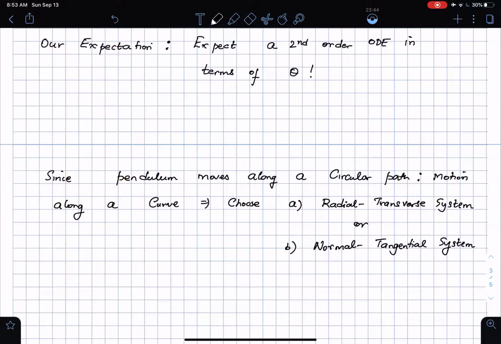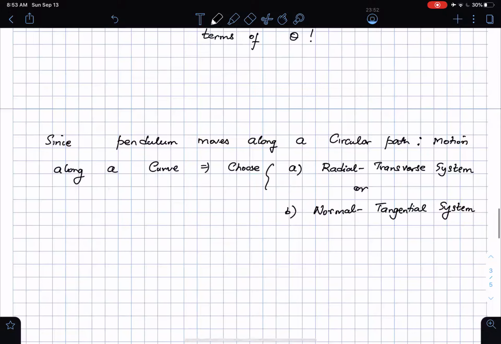I'm going to be choosing the radial transverse, and I'm going to have you solve for the normal tangential in a particular homework problem. And then you'll see the answer is going to be the same thing, of course.